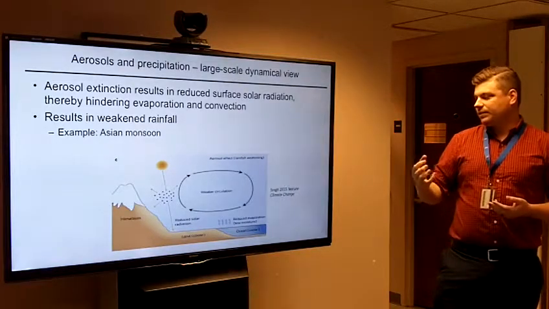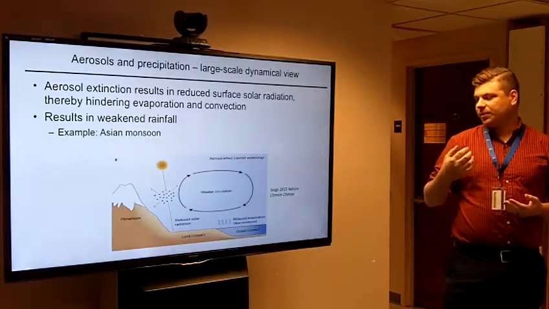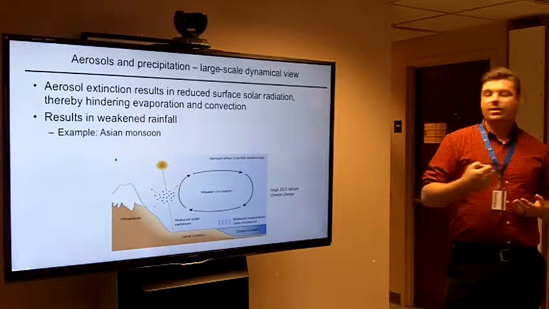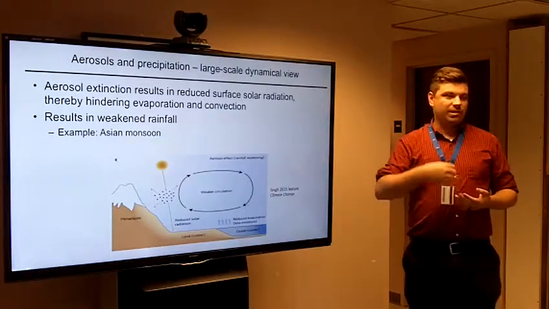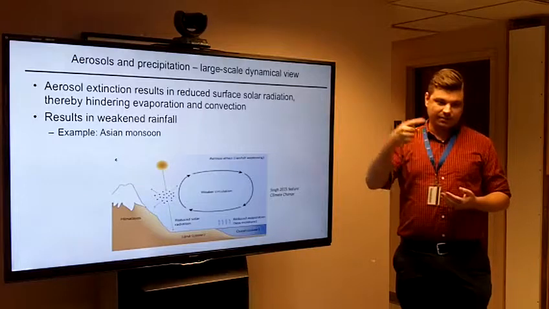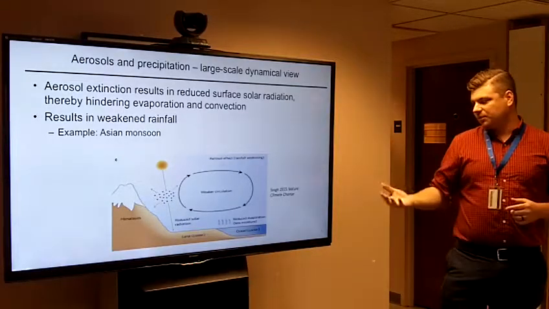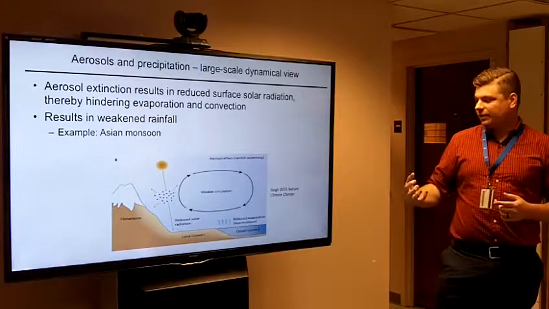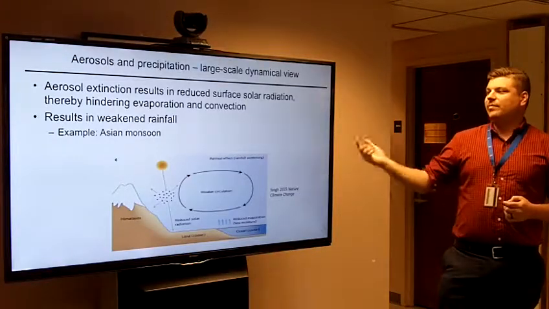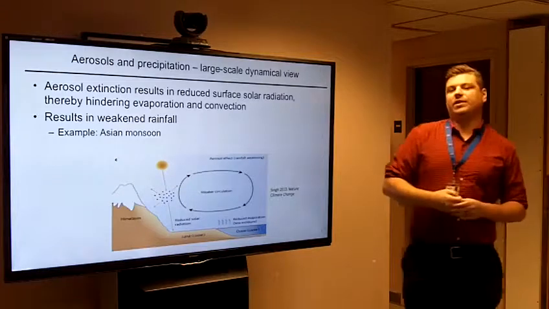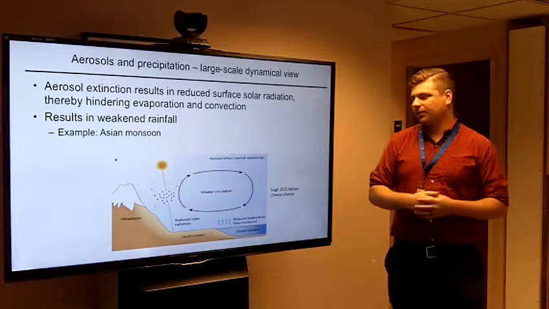This is going to cause, of course, the land to be cooler, but also cause a reduction in convection. There's going to be less convection, so less updrafts and less overturning circulation. And there's also going to be reduced evaporation because of that lower heat. So that's another major way that aerosols can affect precipitation, through their impacts on large-scale circulation.